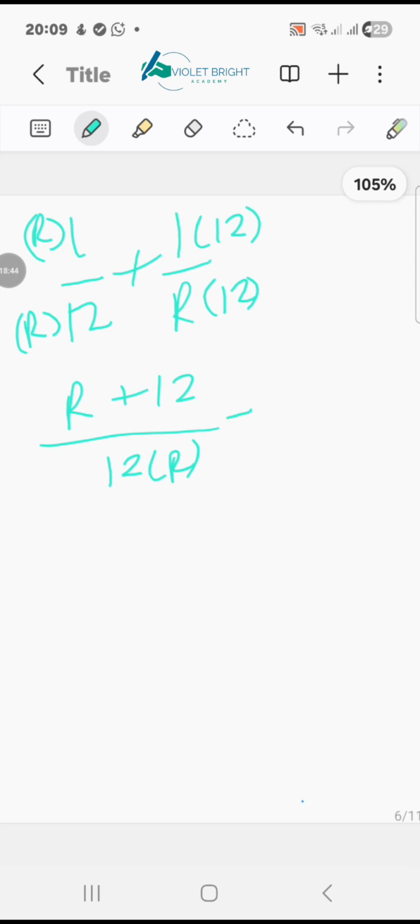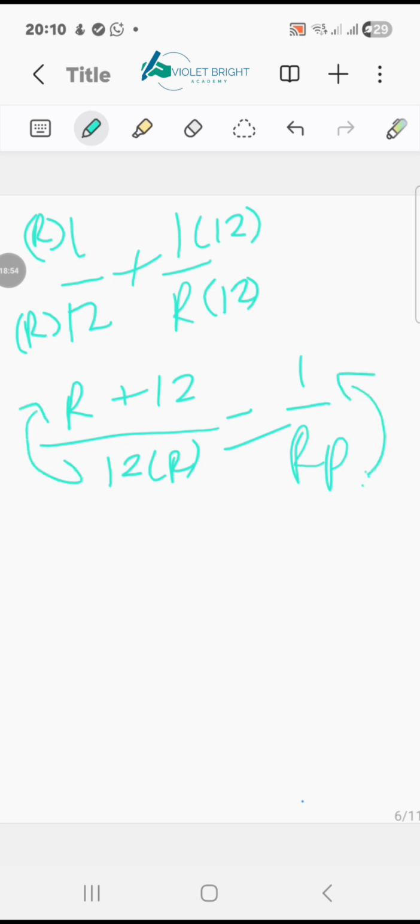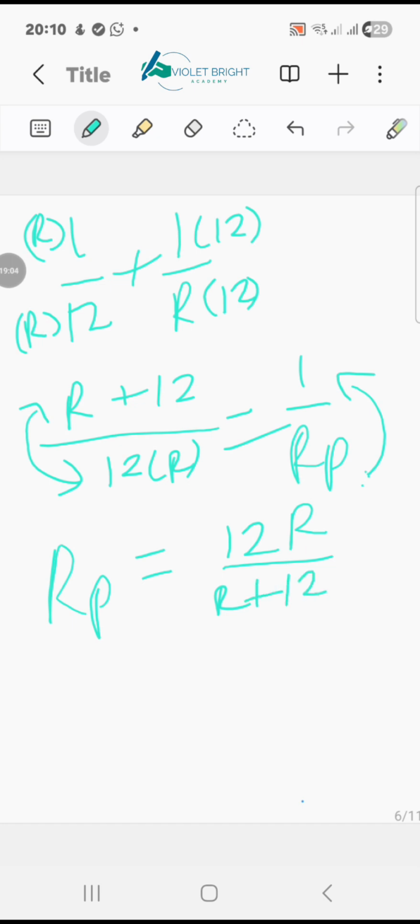So now 1 over r parallel is 12r over r plus 12, which means that r parallel is like the reciprocal of this one here. Why am I saying it's the reciprocal? Because here we just have to do cross multiplication to find rp.